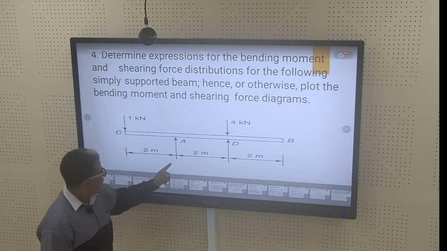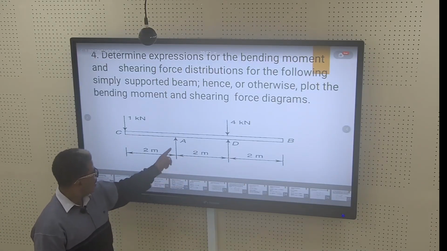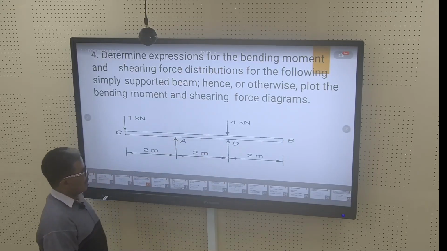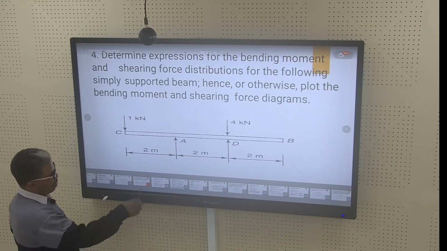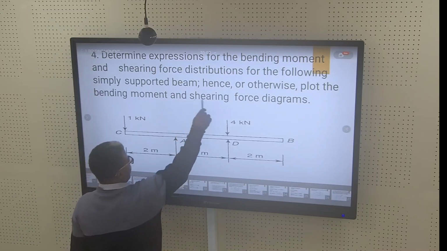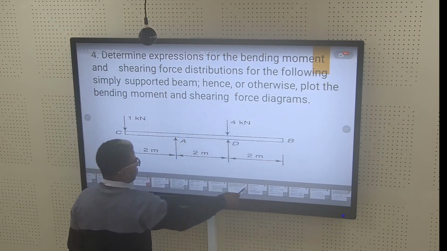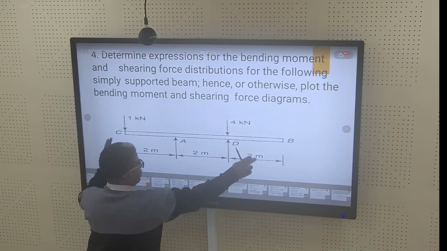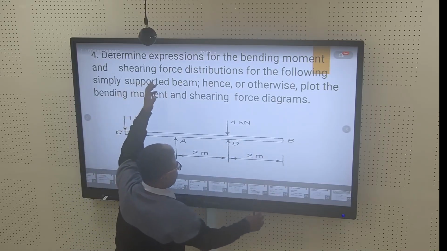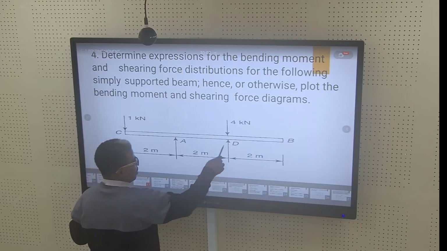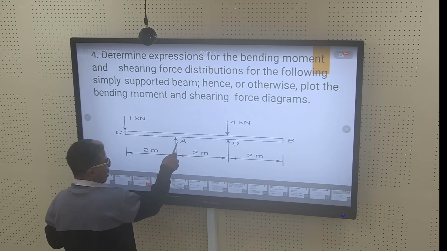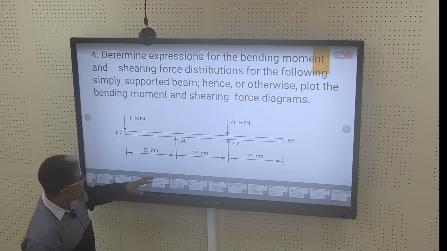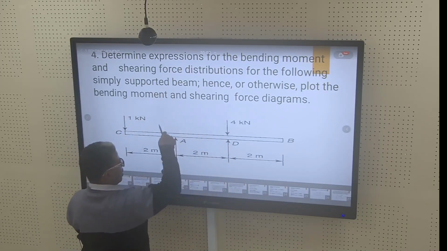Mind you, R1 times 2 is for the clockwise direction. Clockwise moment is like the movement of a watch. If we are standing here, if this beam is moving in this direction, the distance is 2 meters multiplied by R1, which should be equated to the force that is opposing it here.